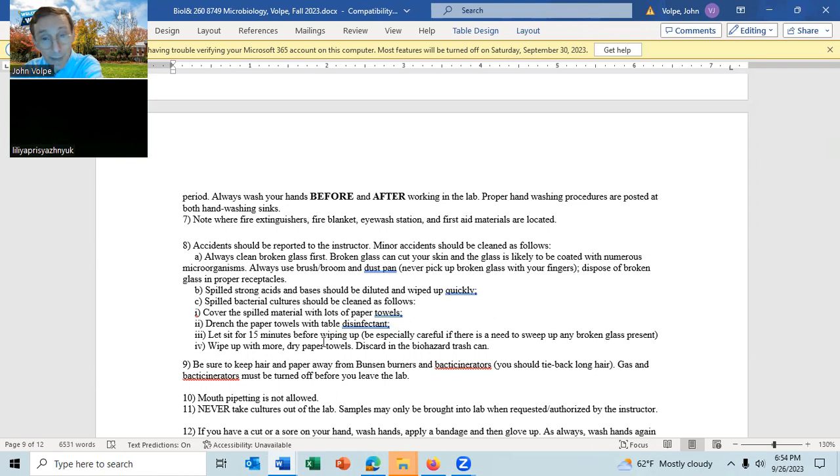If there's broken glass in it, you take the broken glass out and put it in the broken glass container. All the other stuff should be discarded in the biohazard trash can, which is also called an autoclave container, because the biohazardous stuff is put in there and it will be autoclaved before it is put into the regular trash.